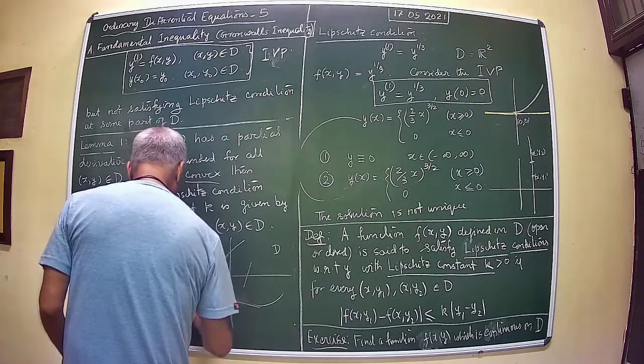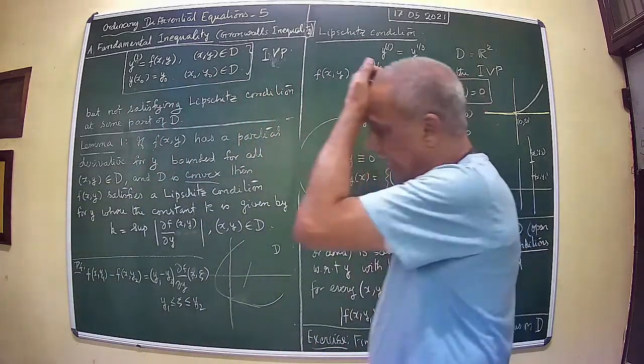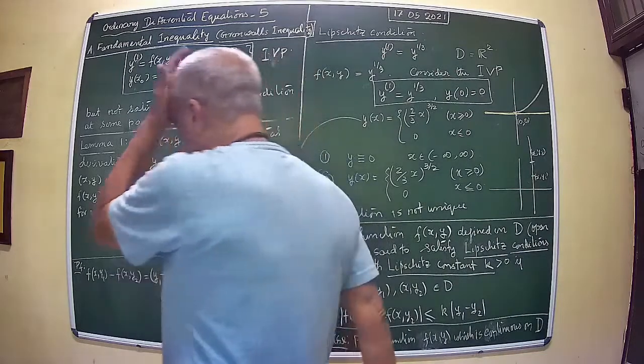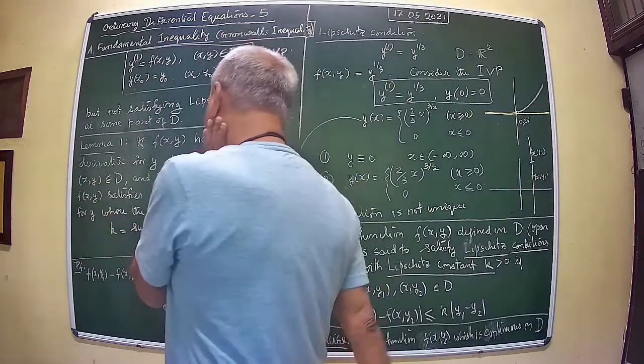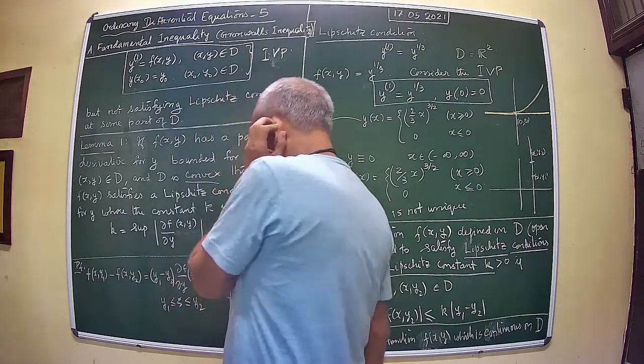So you are looking at this for a fixed x, as a function of y, and then you use this result. Therefore, what you have is this.